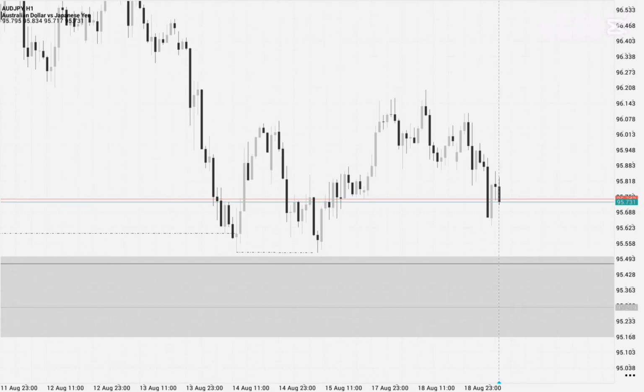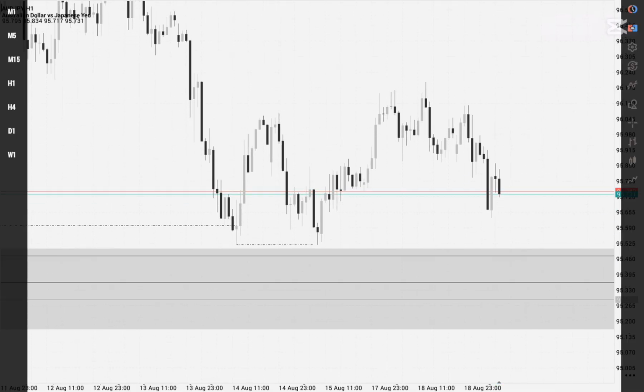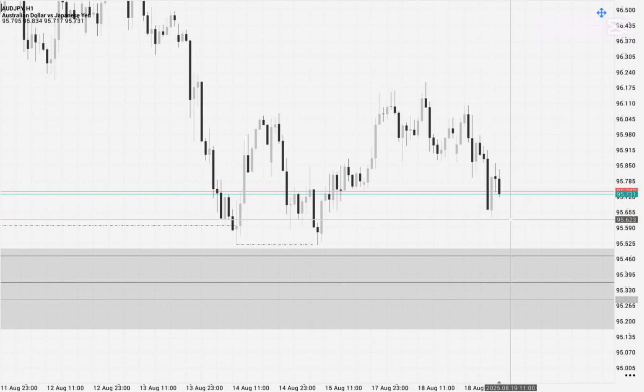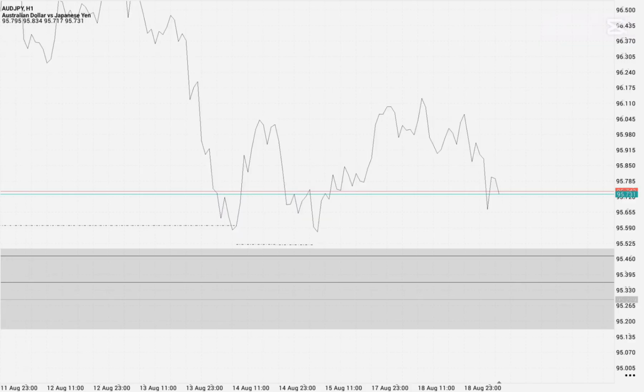So after that, I'm going to mark out any support zone that was formed there, that is like a V level, something like this. If you change it now to the line chart, you see it making a V, right? Making a V here.